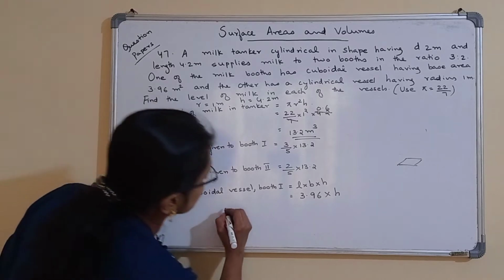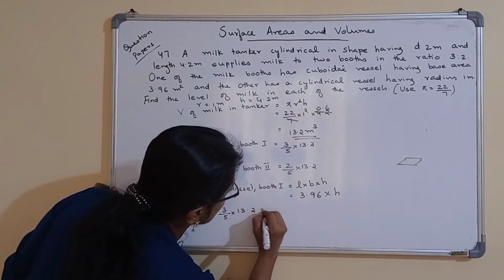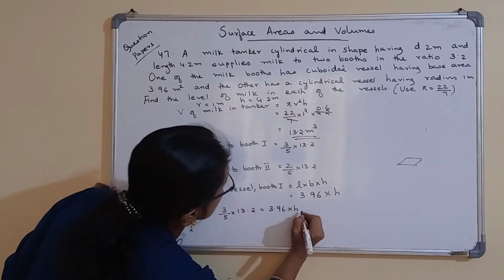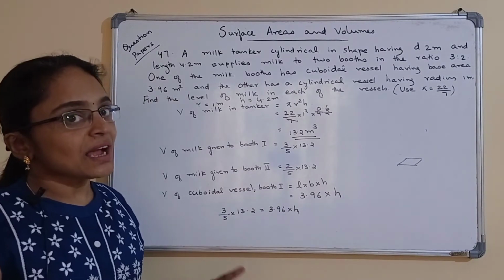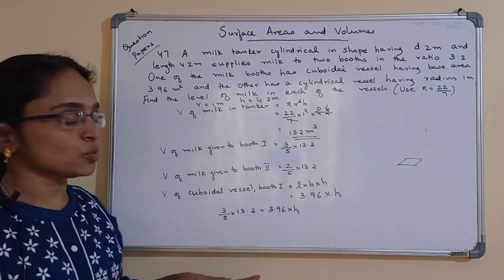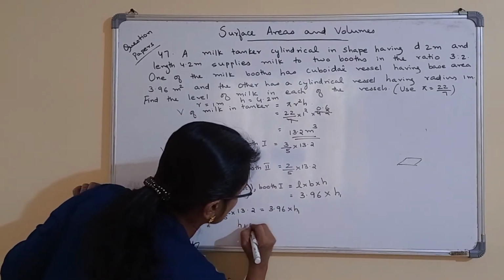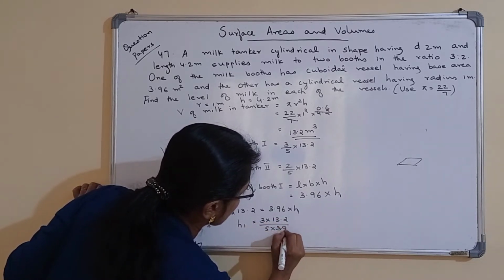So 3/5 into 13.2 is equal to 3.96 into H1. We can write this as H1. H1 is the height of the vessel in the first booth. So H1, we can find this H1 like H1 equal to 3 into 13.2 by 5 into 3.96.